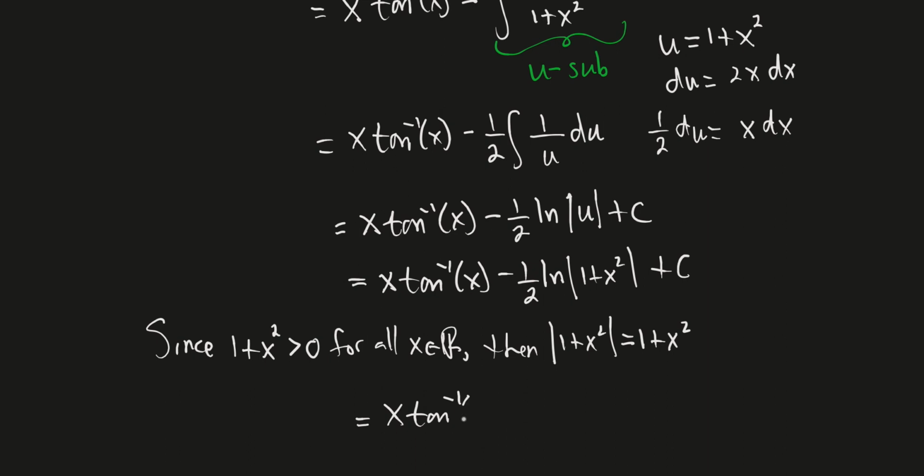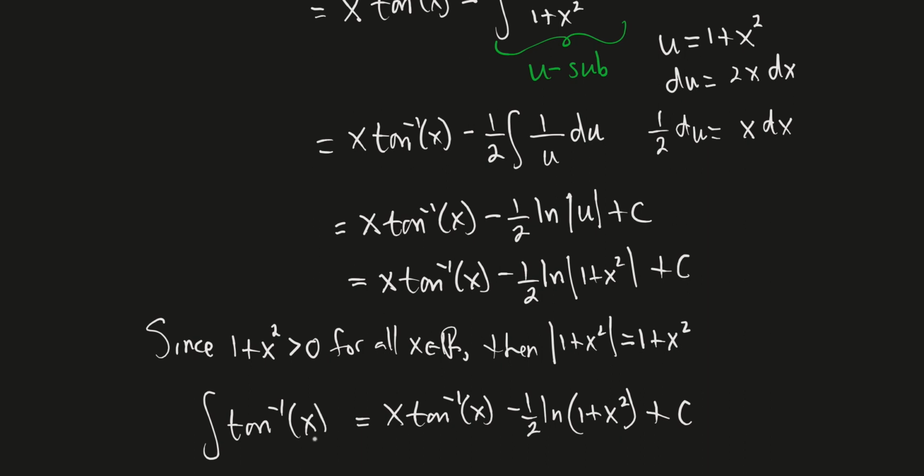So x arctangent of x minus 1/2 times the natural log of, not the absolute value now, just 1 plus x squared, plus c, right? So again, let me write it down, just summarizing what we did. So you look at this.